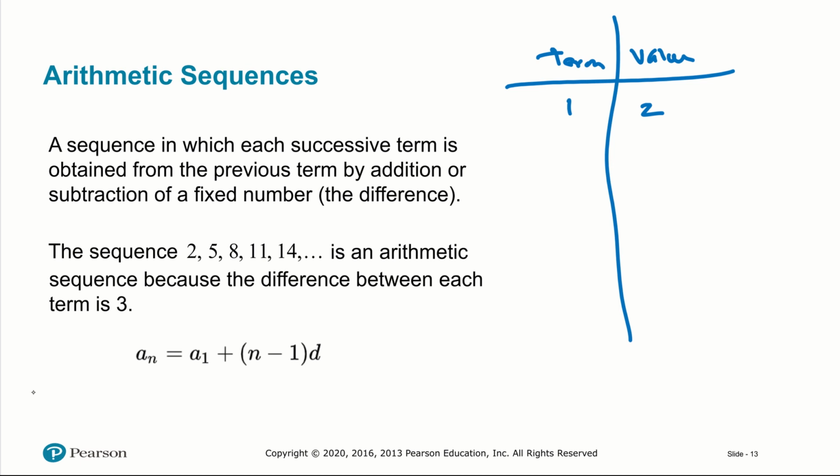The second term is a 5. Third one is 8. And so forth. So fourth one is 11. Notice each term is 3 more than the previous term. So 8 is 3 more than 5, 11 is 3 more than 8, etc.